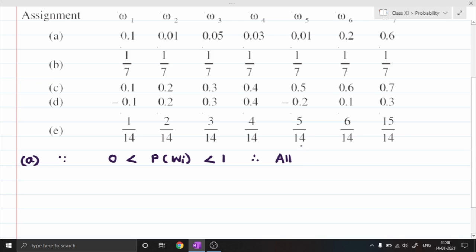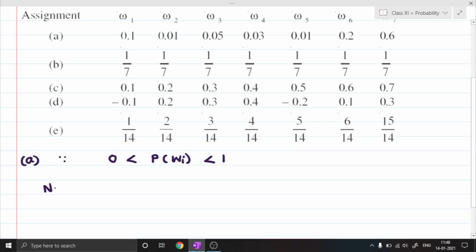assignments, one more thing: we can't say all assignments are valid right now, because observe, only condition number 1 is satisfied. The second condition is that the sum of all sample points' probabilities should be equal to 1. So let us check that with all values.